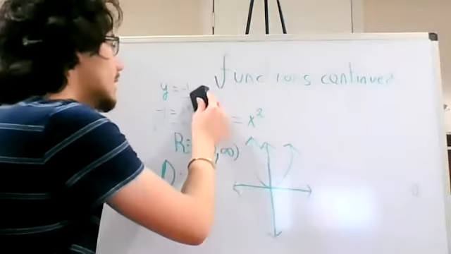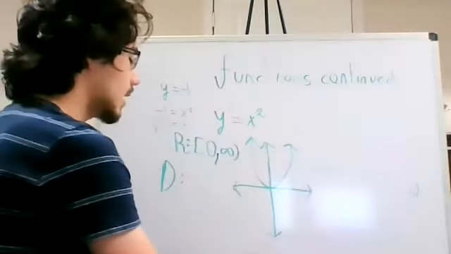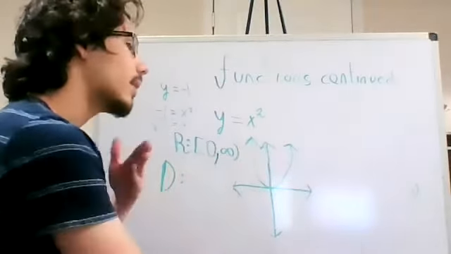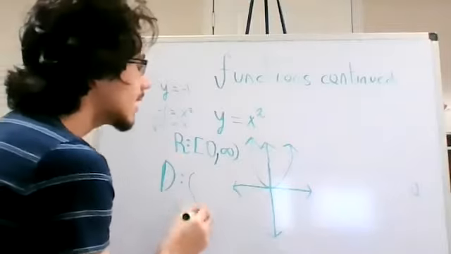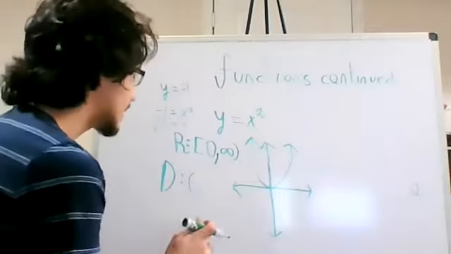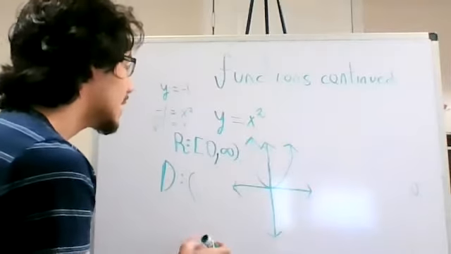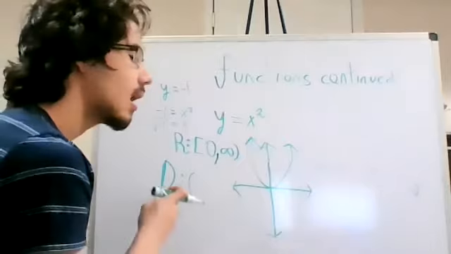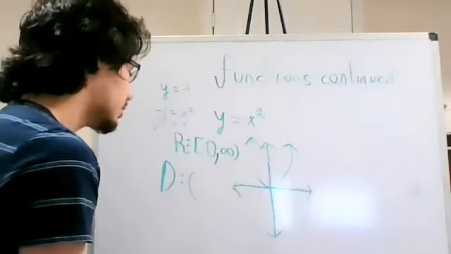And for the domain, it is essentially the other way around. The domain says that the domain is where we can put in an x value and it will come out to be a y value.